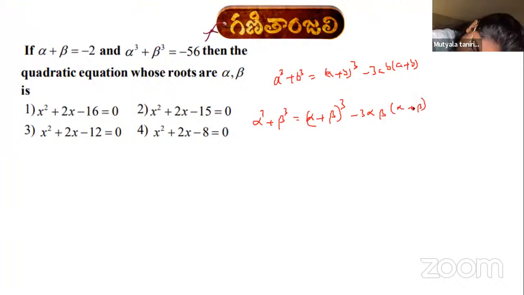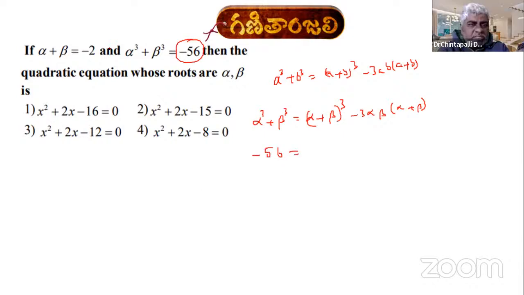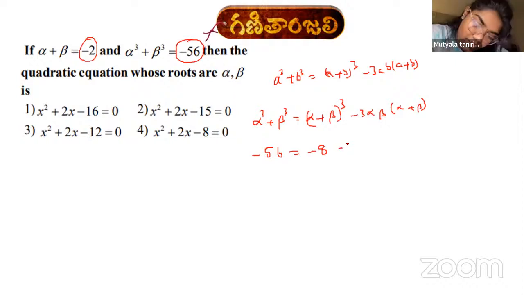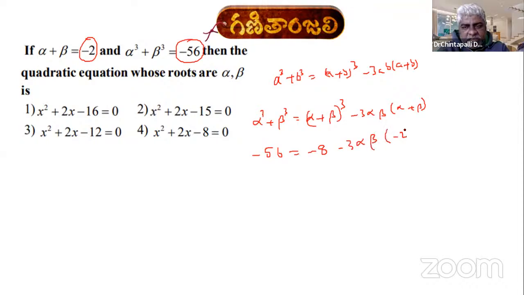Got it? Now, what is alpha cube plus beta cube? It is given as minus 56. Minus 56 is equal to alpha plus beta is minus 2, that is minus 8, minus 3 into alpha beta. We don't know the value of alpha beta, and alpha plus beta is again minus 2. What happens if we add plus 8 on both sides?